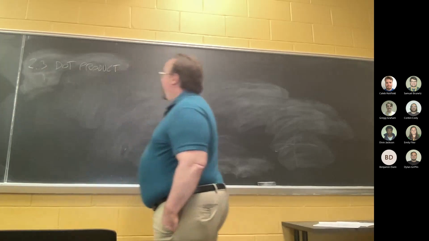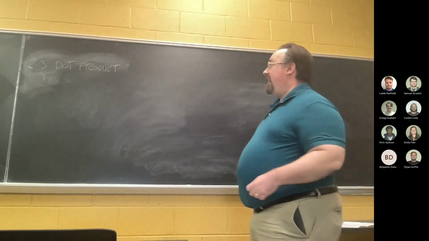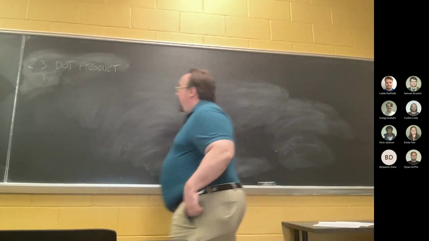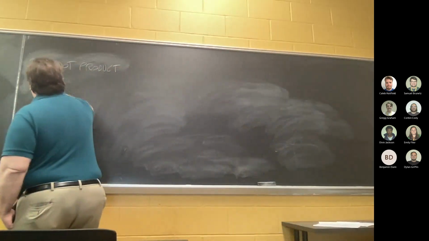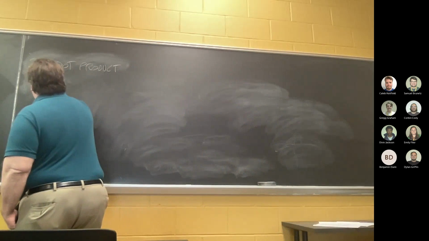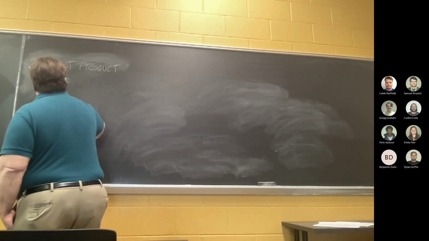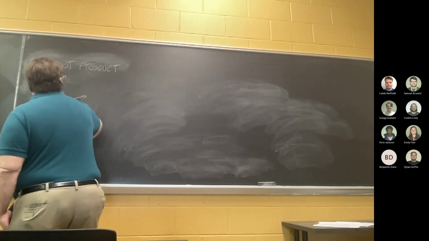Now the dot product has quite a few uses, but the use I'm going to focus on right now to introduce it is this: suppose you're given two vectors, I'll call them u and v.